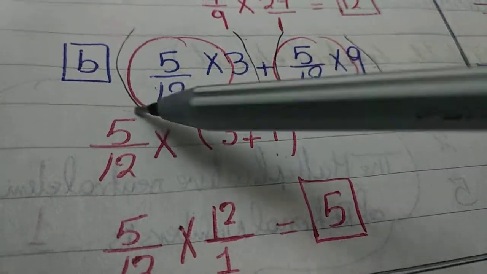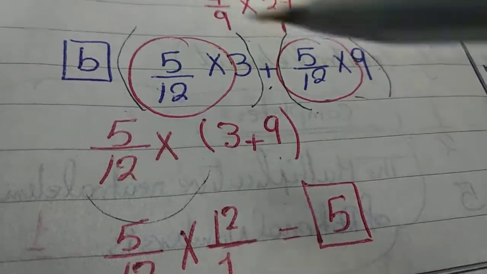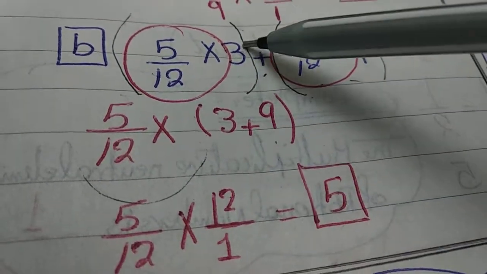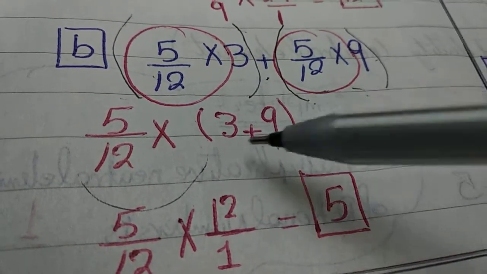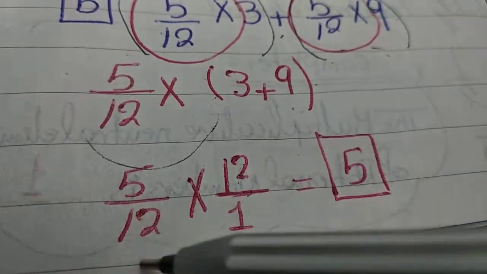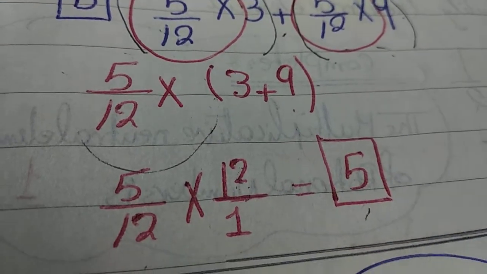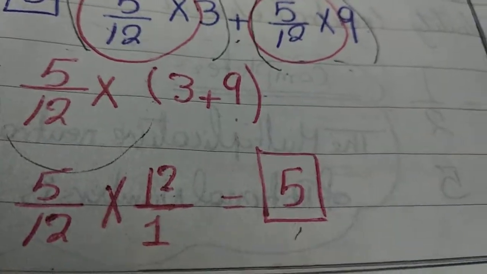What is the common number? 5 over 12 times. I will take it out. And then write 3 plus 9. 3 plus 9 will be 12. Then 5 over 12 times 12, it will be 5. You can do these calculations by calculator.